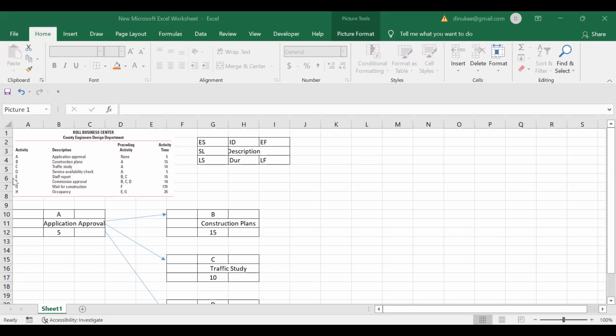Right. For the activity E, before starting, you have to complete both the activity B and C. It means you have to complete these two activities. Therefore, two arrows should go before starting your activity E. So after completing B activity and C activity, you can start to do your E activity.